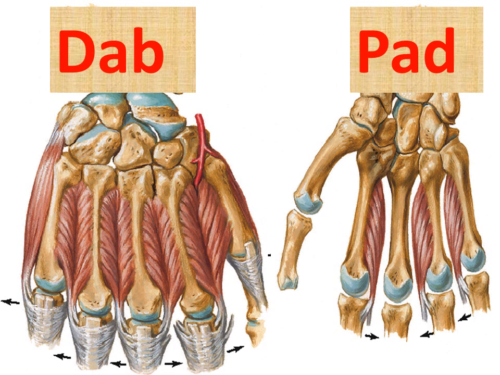So remember, PAD and DAB for the action of the interossei. DAB: the dorsal interossei are abductors of the fingers away from the axis, which is the middle finger, like the direction of this arrow, while the palmar interossei adduct the fingers toward the midline axis, which is the middle finger.